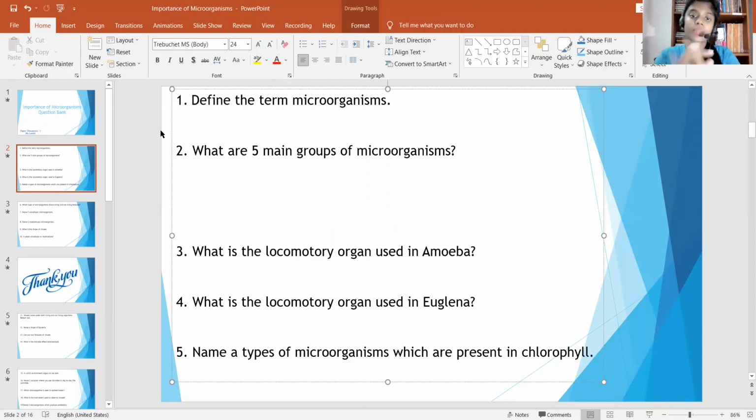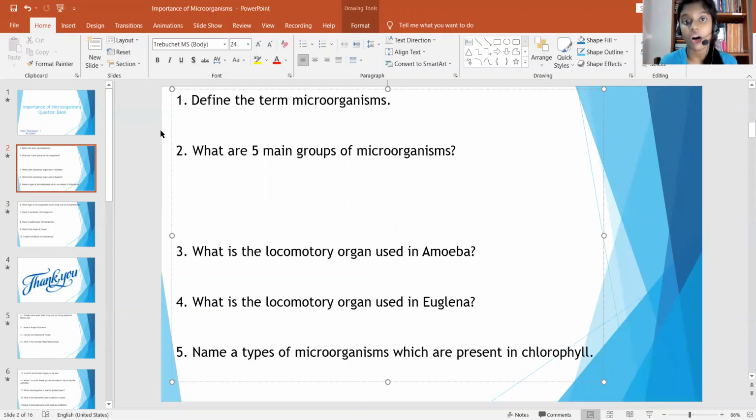So children, the meaning is unicellular or multicellular organisms. Unicellular means an organism with one cell, a single cell. Multicellular means an organism with many cells.